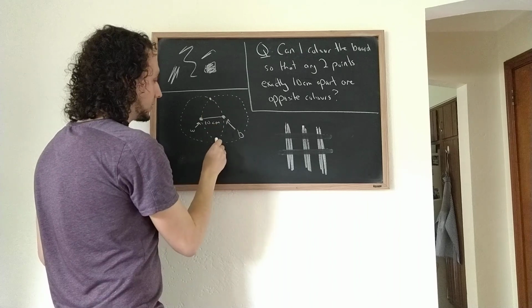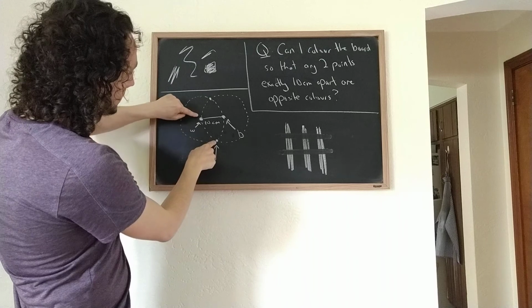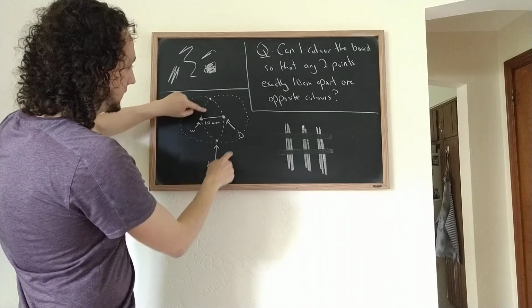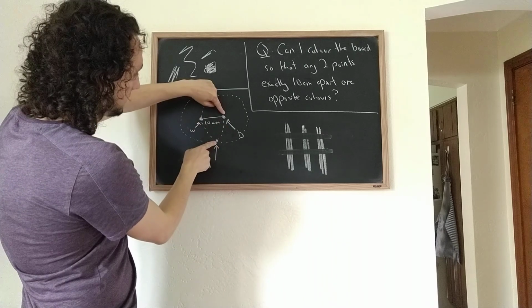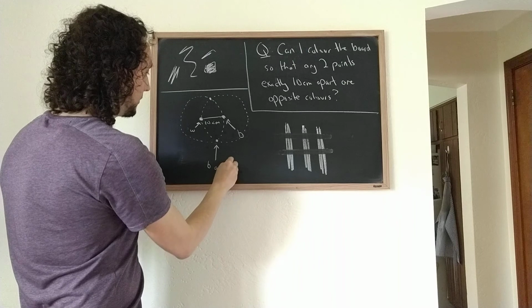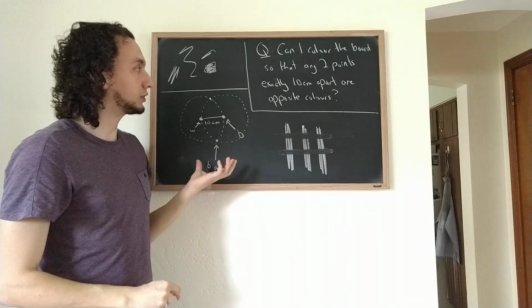They intersect here and here. So what color should this point be? It's 10 centimeters away from a white point, which means that it should be black, but it's also 10 centimeters away from a black point, which means that it should be white. So this is a proof that actually it's impossible.